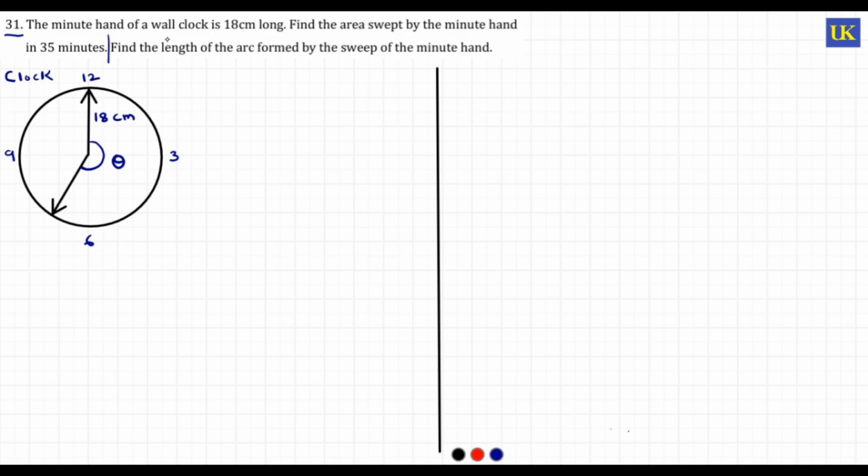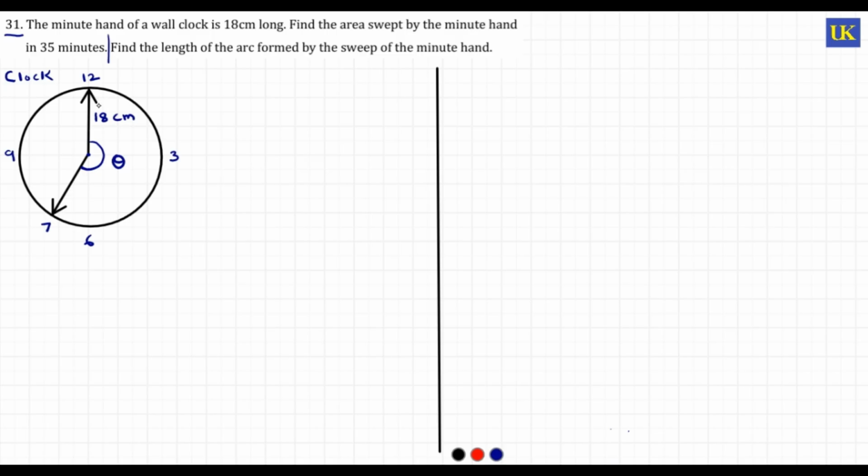Now, the minute hand is 18 centimeter, they are saying. So, say this is the center of the circle, the clock. From here, the length of the minute hand is 18 centimeter. Let's say it is starting from here, the start point, and for 35 minutes the hand will reach here, right? Because at 7 here it will become 35 minutes.